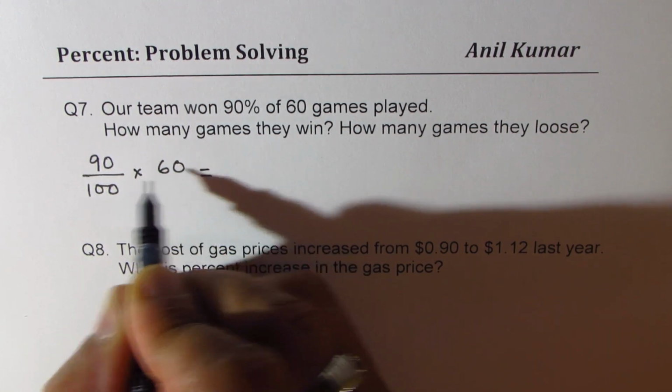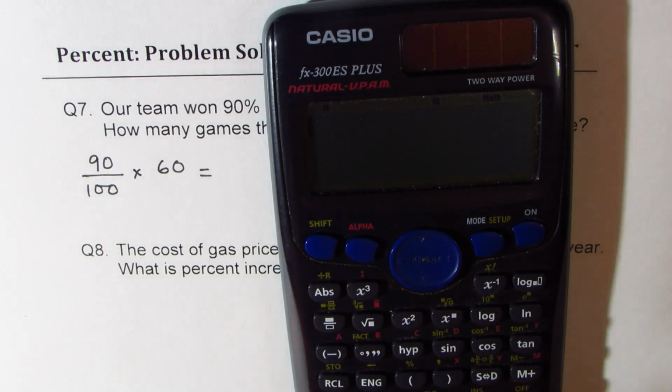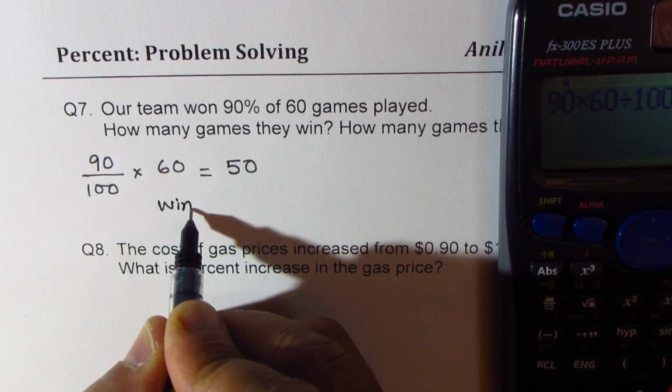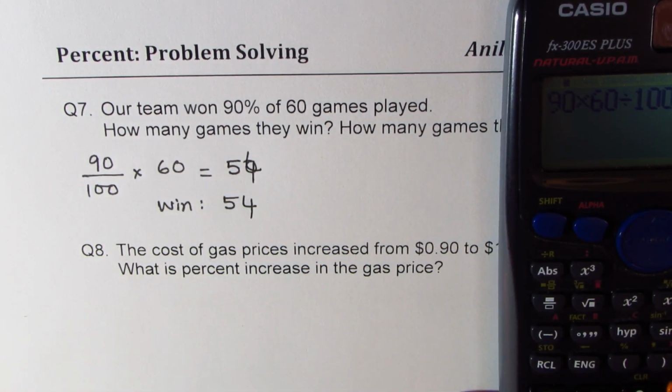Let's calculate. These are the winnings, right? So we do 90 times 60 divided by 100 equals 54, right? So win is 54, correct?